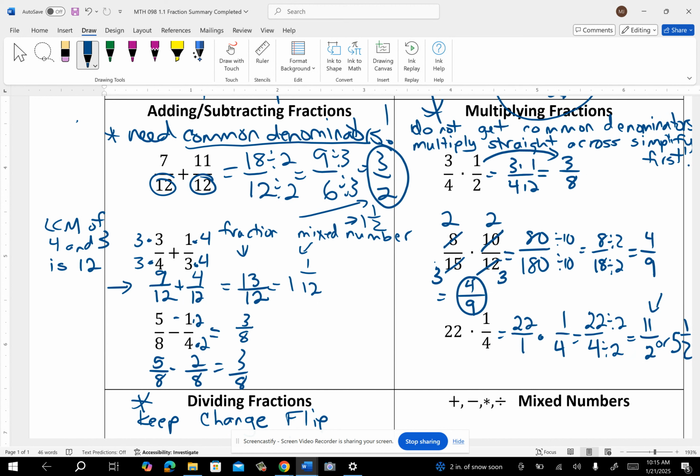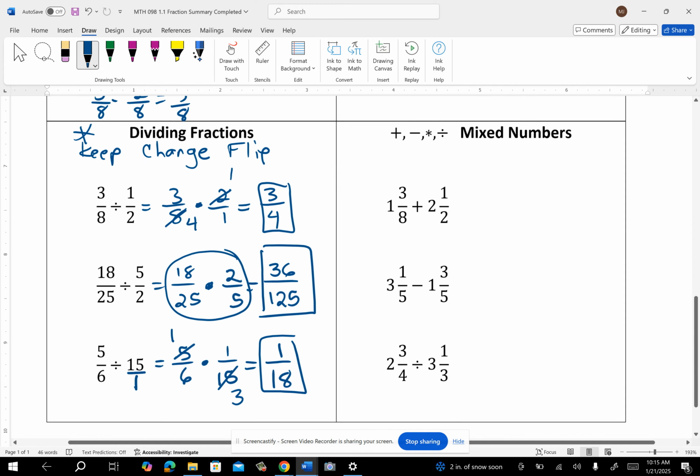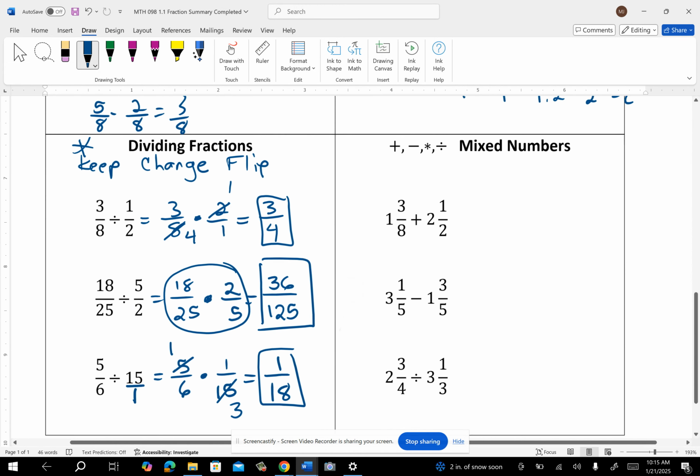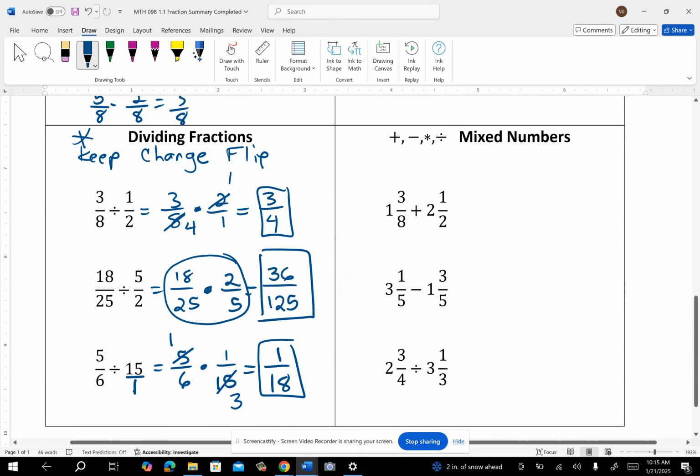Okay, all right, now just a comment on mixed numbers. So my recommendation, so that you don't have to worry about carrying and borrowing when you're adding or subtracting, is just to change your mixed number problems to improper fractions first.